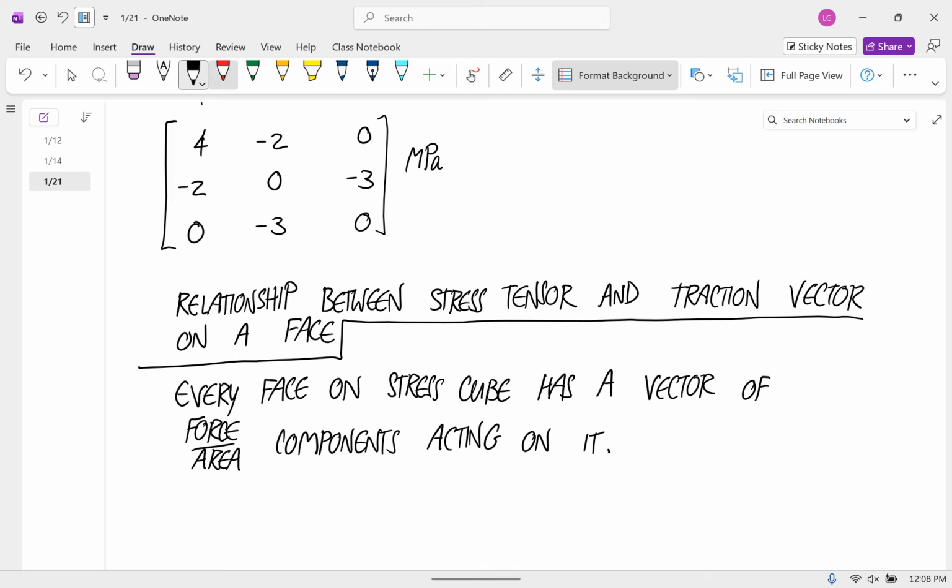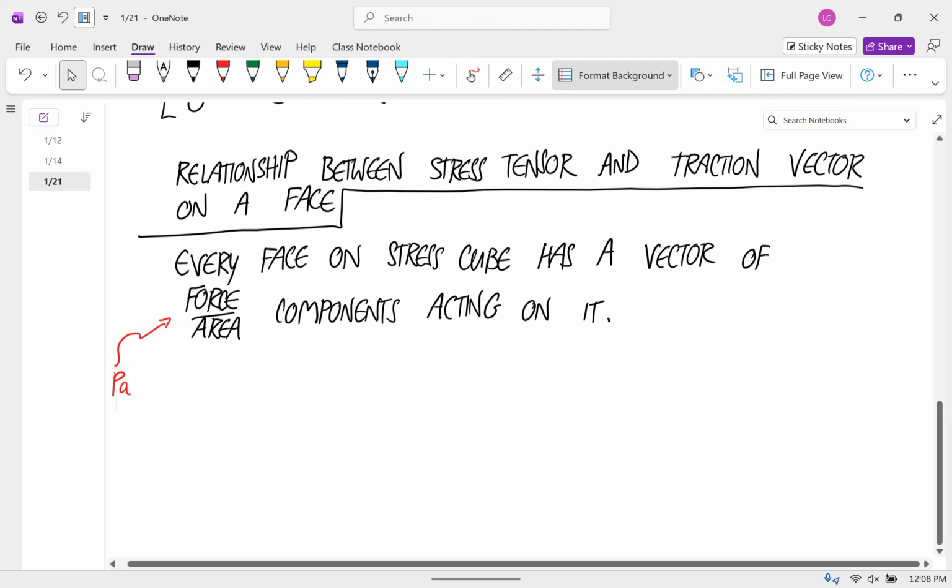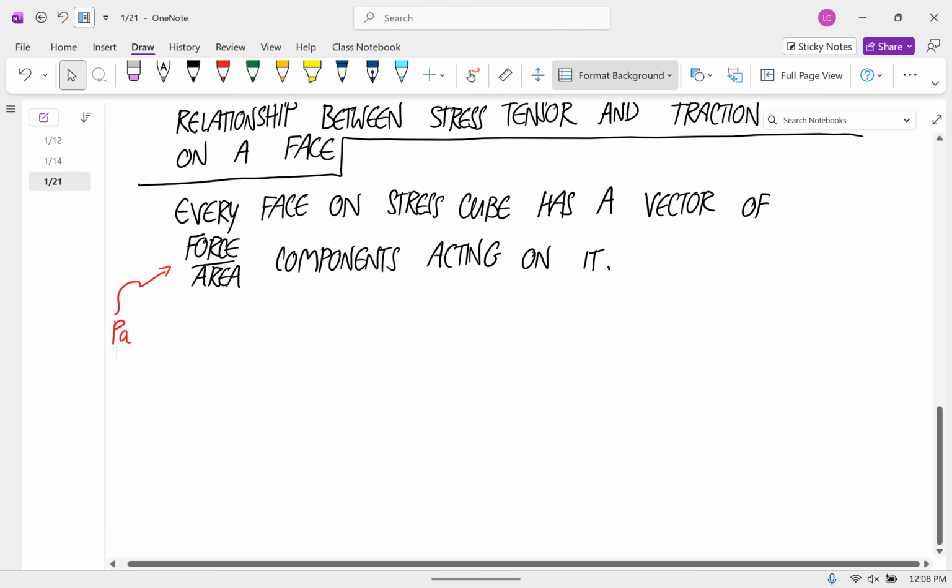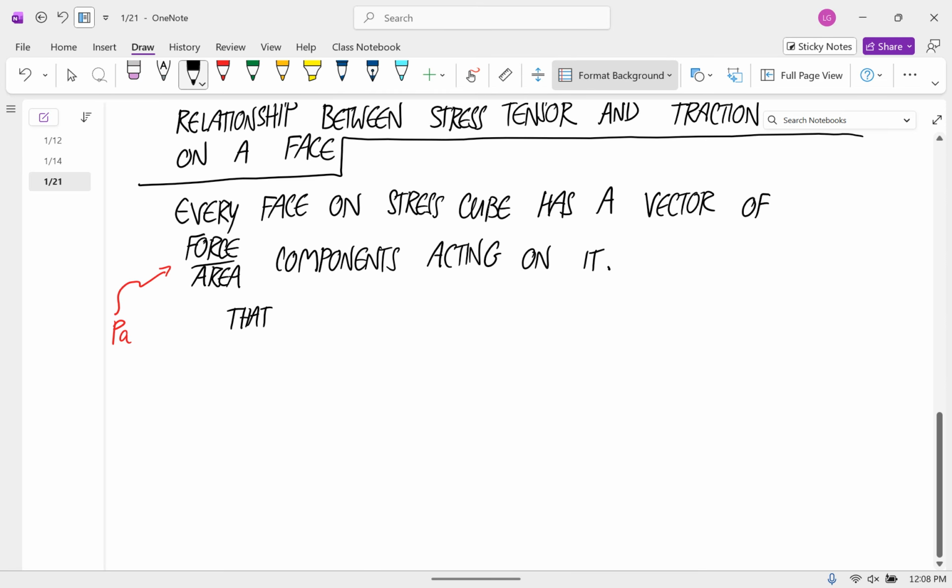Force per area, if this is in SI units, means that it's in pascals or megapascals or gigapascals or whatever. That vector on each face is called the traction vector.